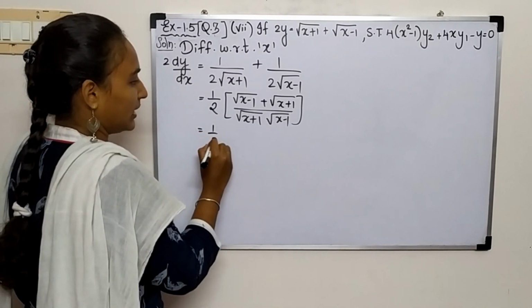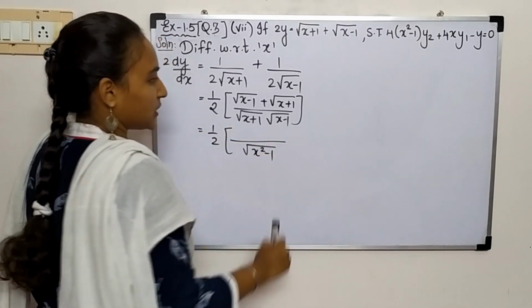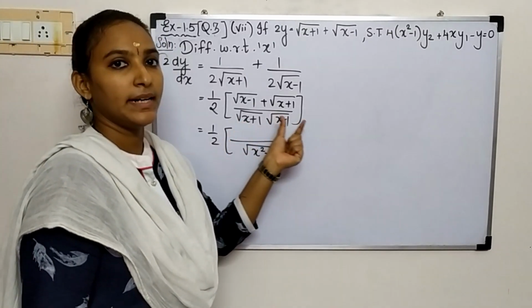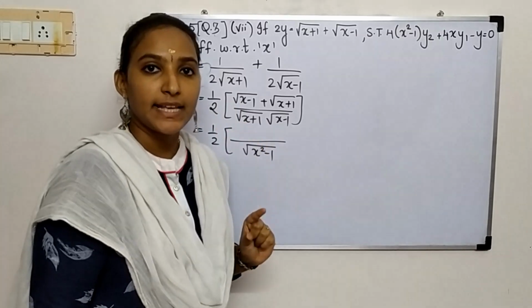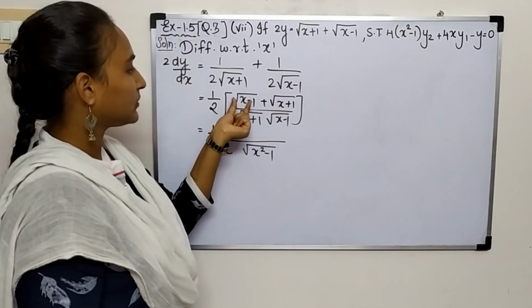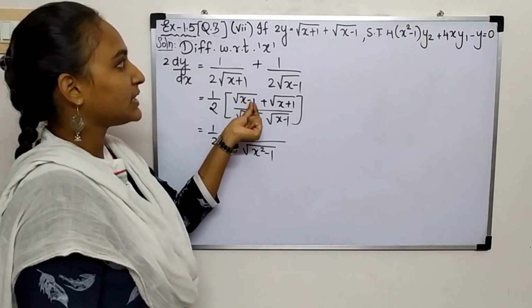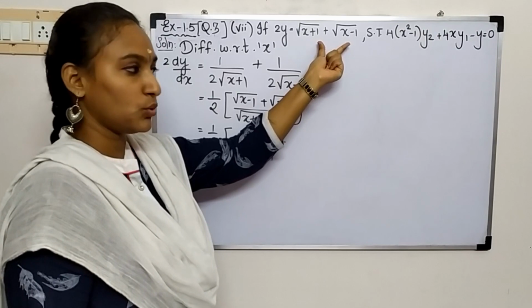This is equal to half. Denominator is root x square minus 1 because x plus 1 into x minus 1, that is a plus b into a minus b, is a square minus b square. And see the numerator, root x minus 1 plus root x plus 1 is nothing but your 2y.